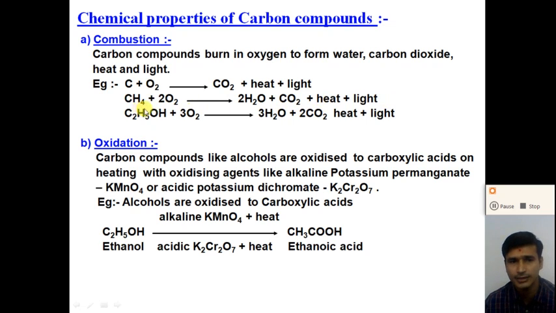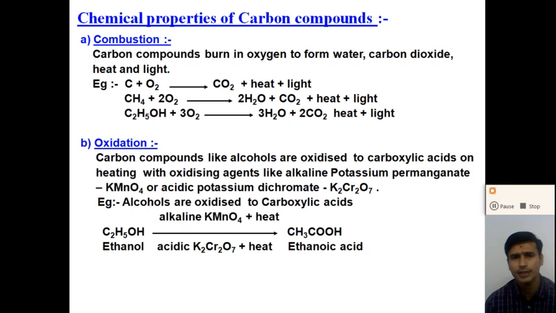And to balance this chemical equation, we need to place a 2 here and a 2 here, right? So methane is burned in the presence of oxygen. It gives water, carbon dioxide, heat and light.